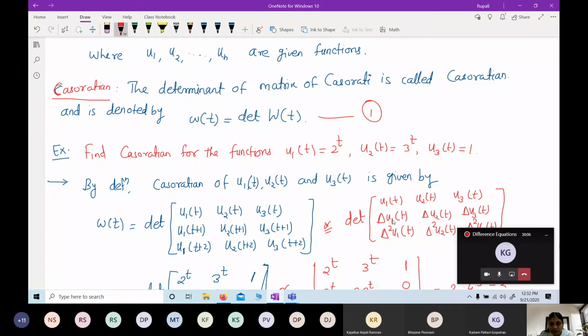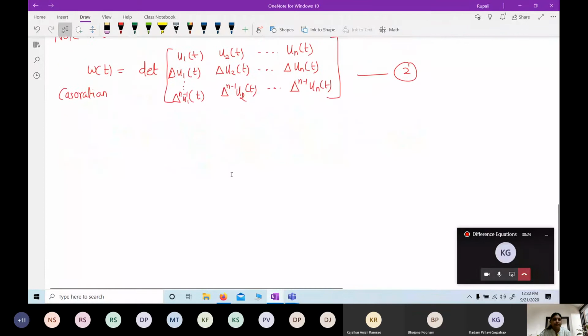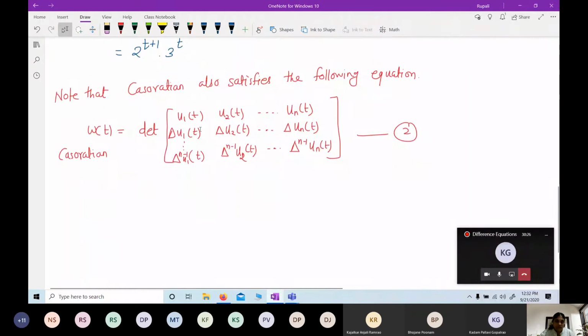What is delta u1t? It is u1t plus 1 minus u1t, delta u2t is u2t plus 1 minus u2t, and so on. If you simplify its determinant, you can see these two are the same. So we have written another definition of the Casoratian.